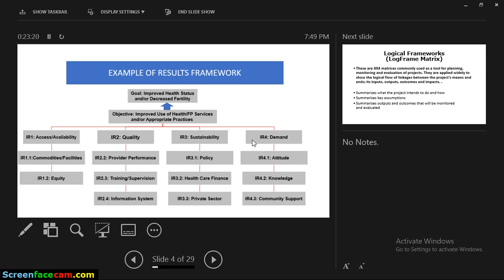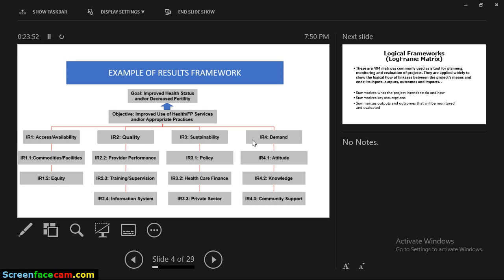Because they have access to that particular service, that accessibility will lead to what? So it will lead to improved use of health and family services and appropriate practices. That's just in general. When people are having access to family planning, for example, because the service is available, it means that accessibility can be sustained because the product is available.